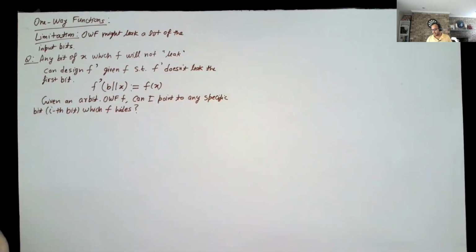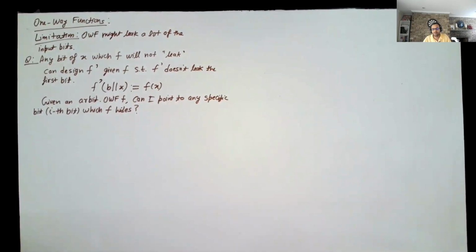Any thoughts about that? Can I point to any specific, let's say the ith bit? You can choose the value of i, so that I'm sure that the one-way function f hides this particular bit.